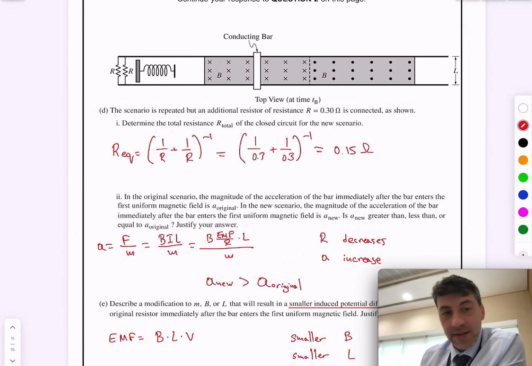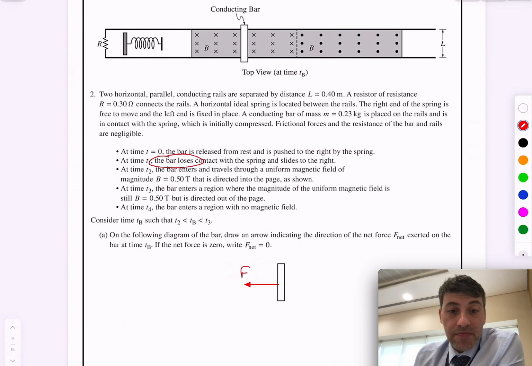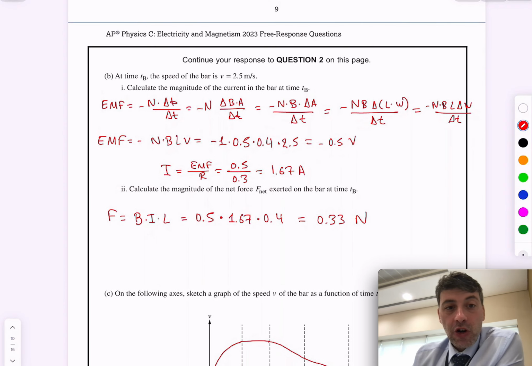I think this is done, so let's recap for a few minutes. We need force by magnetic field on moving rod. This force opposes the motion of the rod. Faraday's law for calculating first the induced EMF and then the current on the bar, and also force by magnetic field on a long current carrying wire.